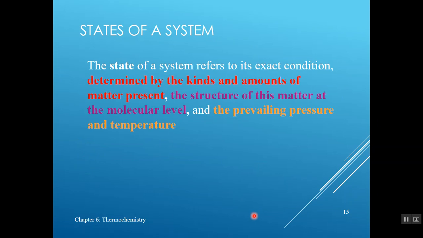Now, here's another term I need to introduce to you: states of a system. When we're talking about the state of a system, we're referring to its exact condition as determined by different factors, including the kinds and amounts of matter present, the structure of this matter at the molecular level, and the prevailing pressure and temperature.